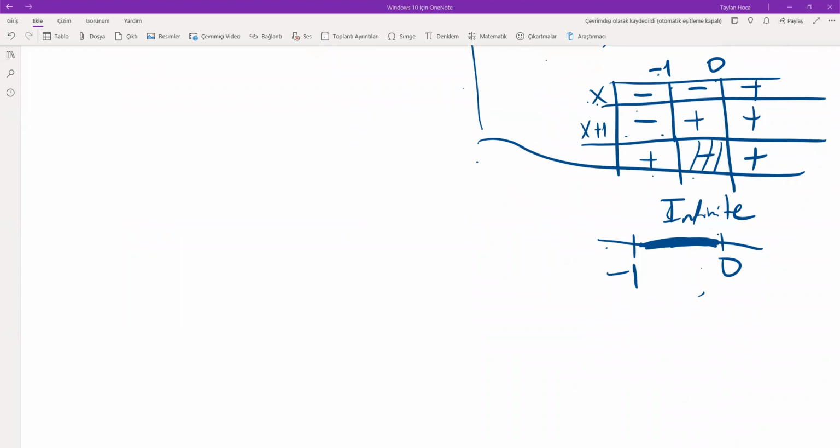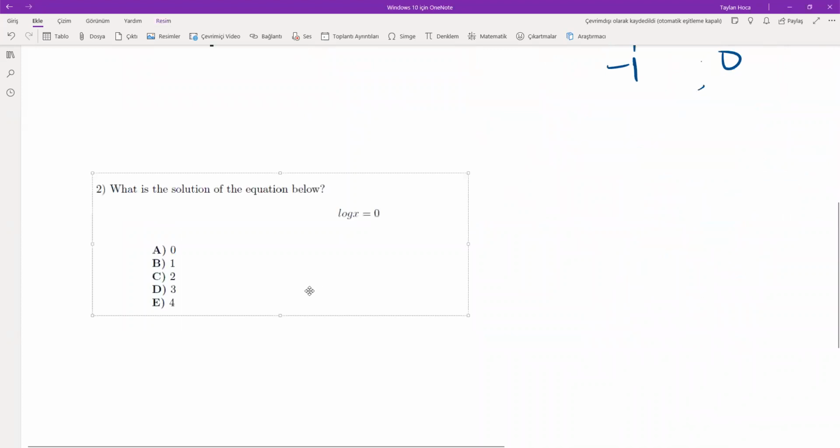So you can have such easy questions. Don't get surprised. What is the solution of the equation below? Log x is 0. Then what's the solution? Log what is 0, in any base? I'm sure you have an answer.